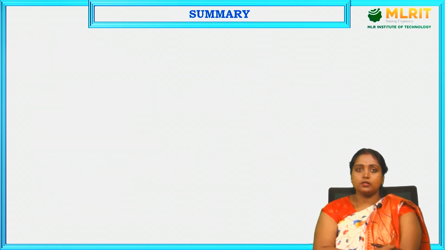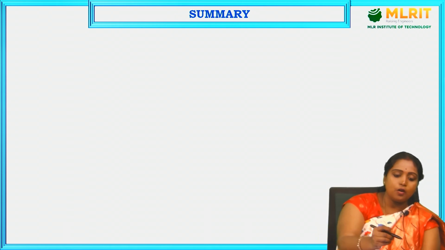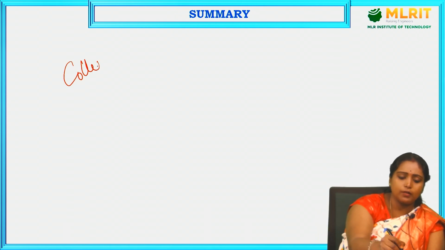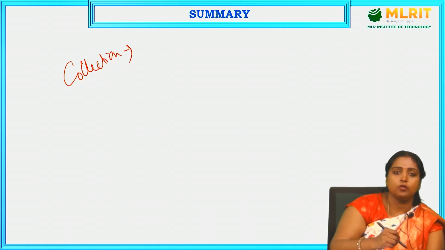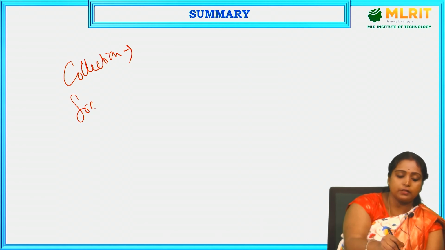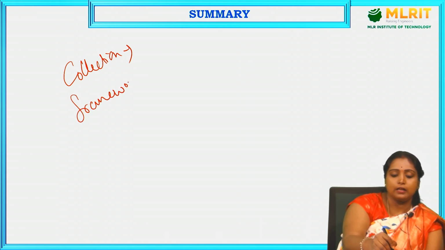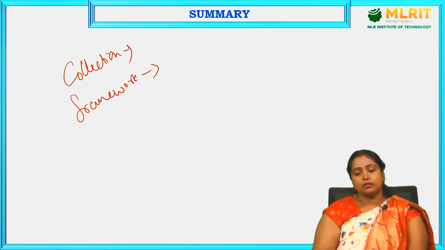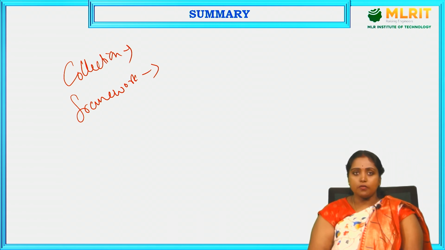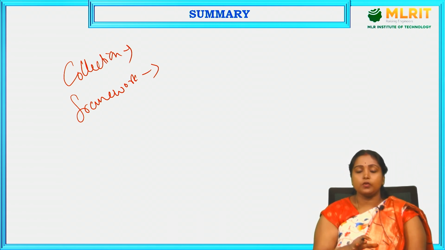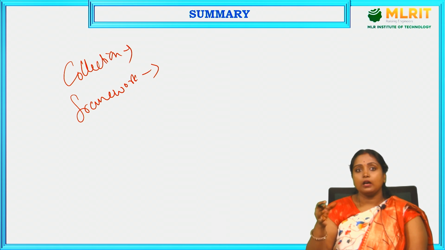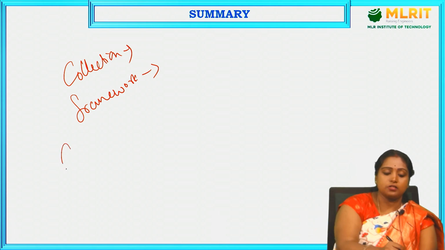So in this session, what have you learned? What is a collection? A collection is a group of elements. What is a framework? A framework is an easy architecture. The architecture in order to perform operations on any collection of data is known as the collection framework.